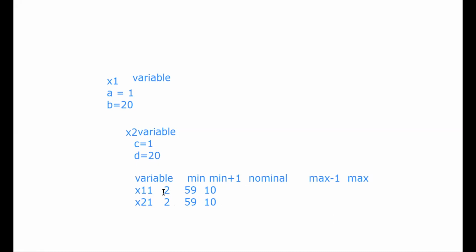So 5 is the nominal value and then maximum minus 1. Suppose 1 and 1 come in contact, what will be the next value, and how will it take care of the previous value? That is your main concern with respect to the robust boundary value analysis technique.